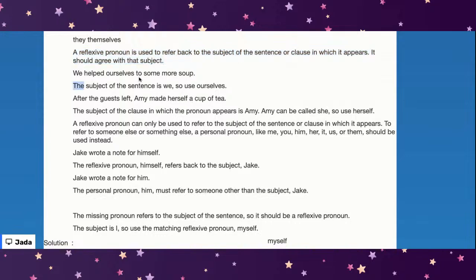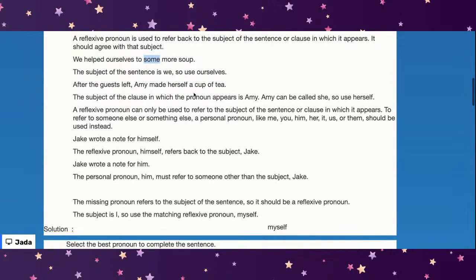We helped ourselves to some soup. The subject of the sentence is we, so we use ourselves. After the guests left, Amy made herself a cup of tea. The subject of the clause in which the pronoun appears is Amy. Amy can be called she, so use herself.